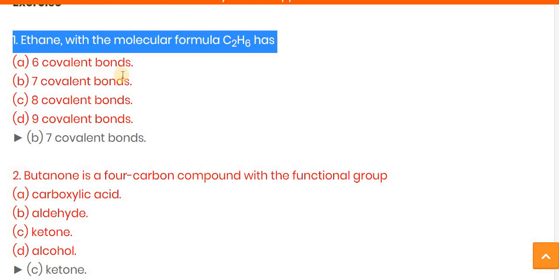Option A is 6 covalent bonds, option B is 7, option C is 8, and option D is 9.